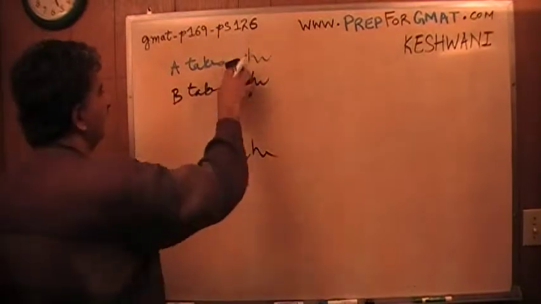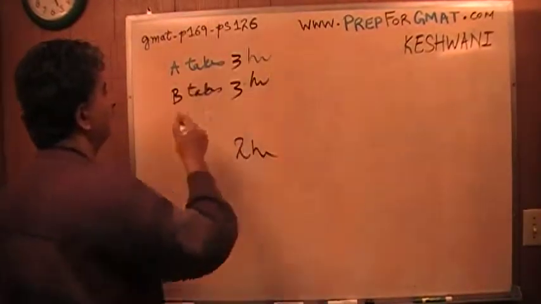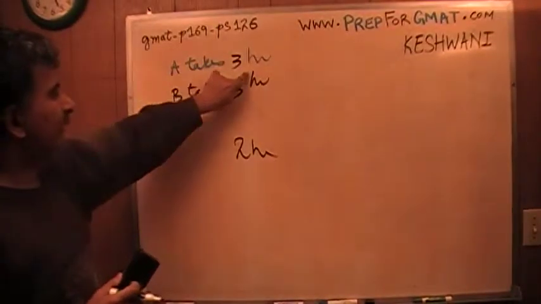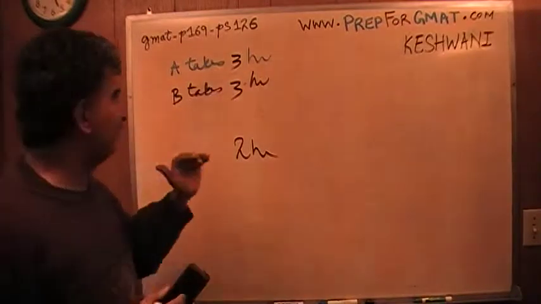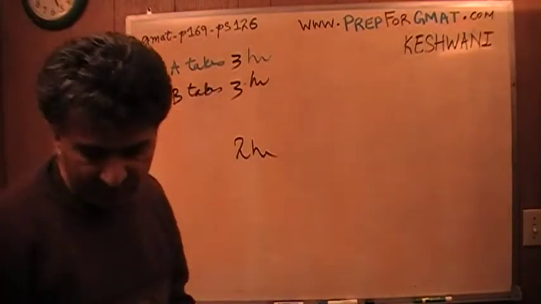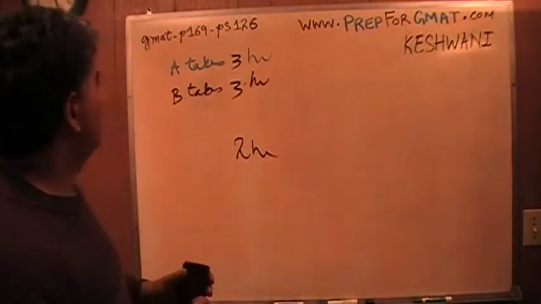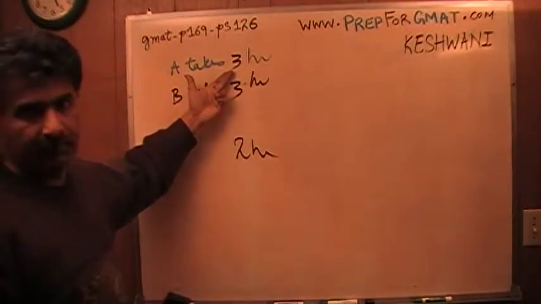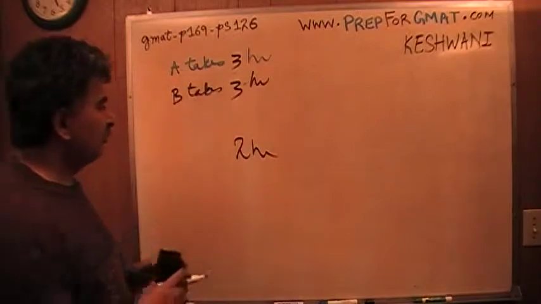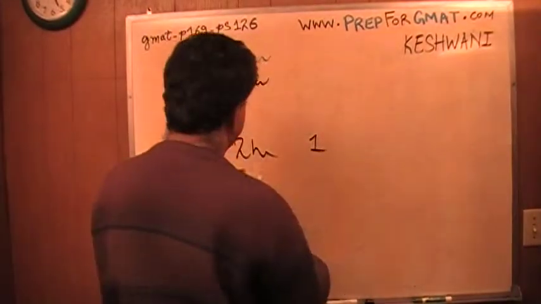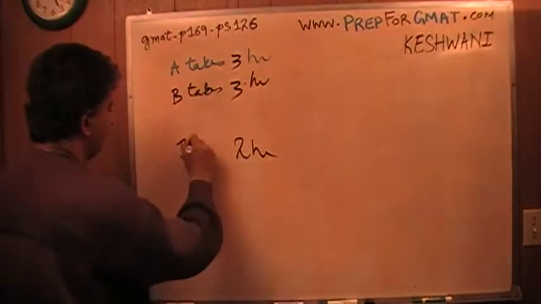On the other hand, let's pretend for a second we are told that machine B takes 3 hours and machine A takes 4 hours. Let's pretend that machine A also took 3 hours. In which case, both of them working together should take an hour and a half.